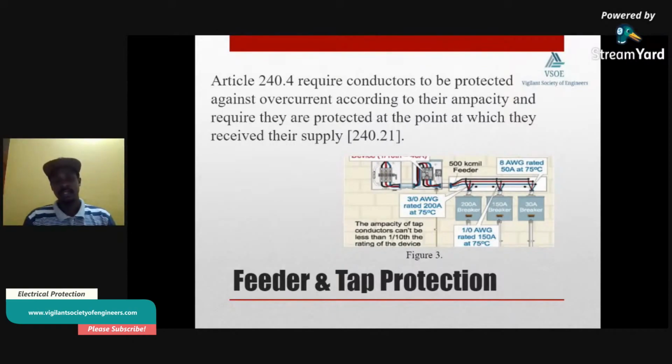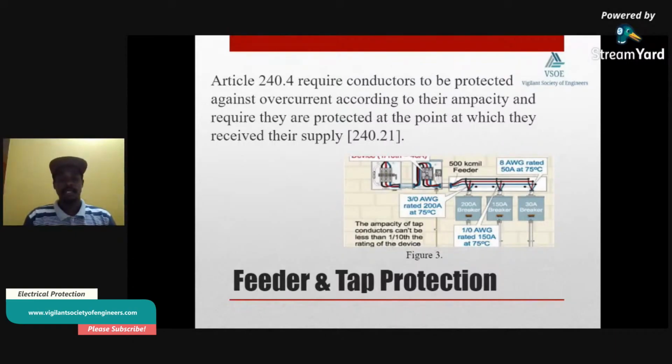A feeder, for example, is a conductor coming from our main service, and it goes to the main circuit breaker. Then you have a tap conductor that is taken off that feeder conductor.